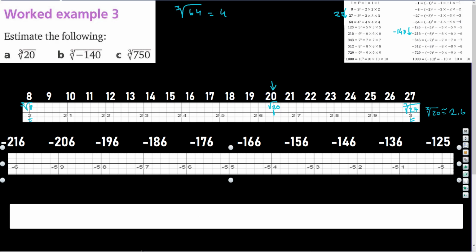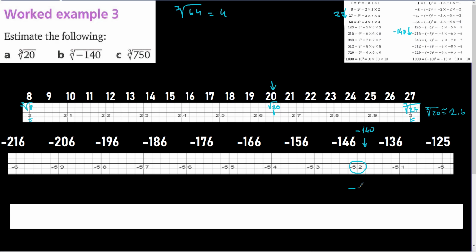So it is approximately here. This is the place of minus 140, and the answer is going to be approximately minus 5.1 or minus 5.2. I think it is approximately minus 5.2.